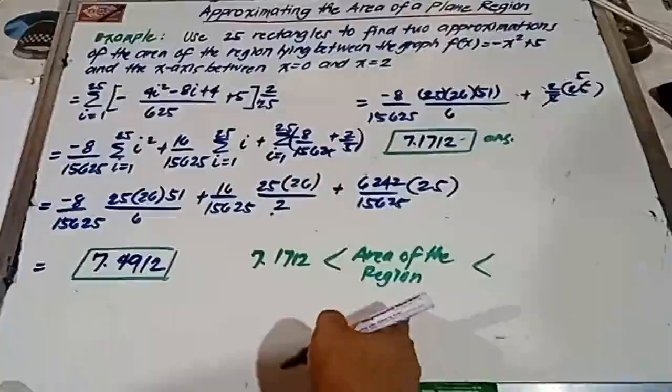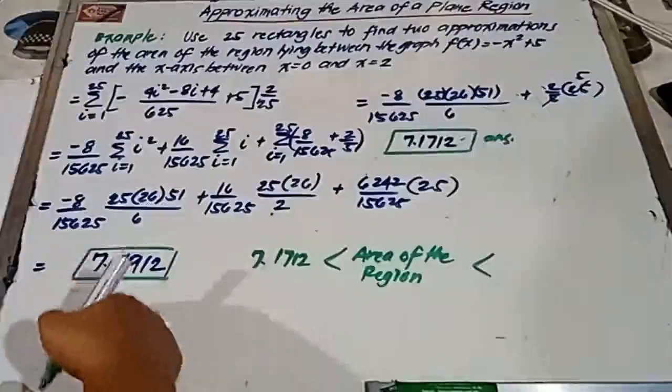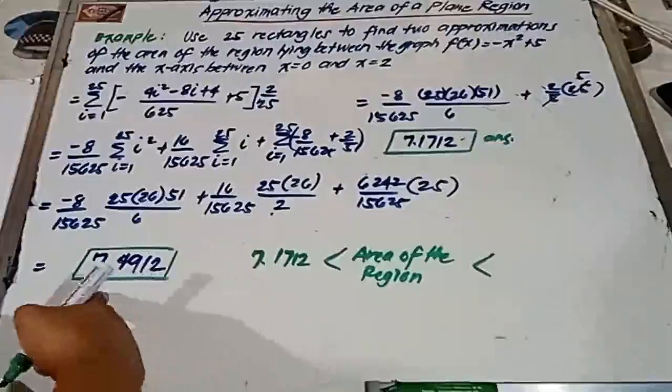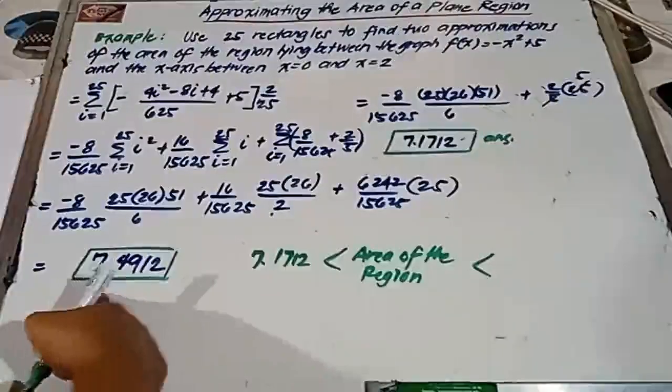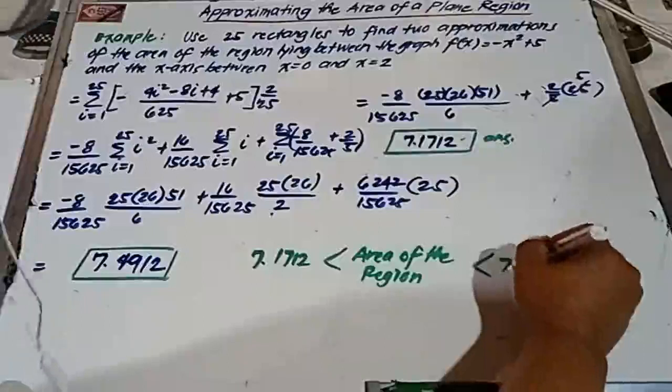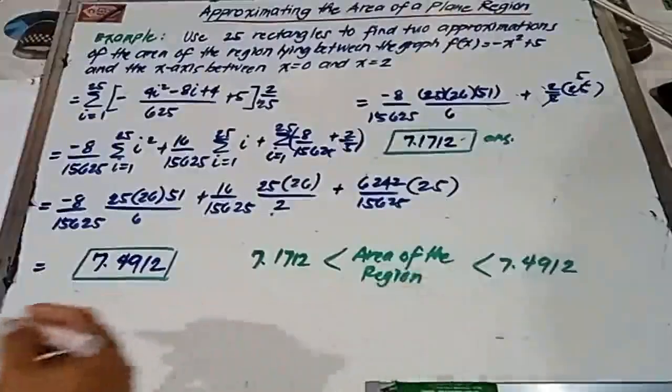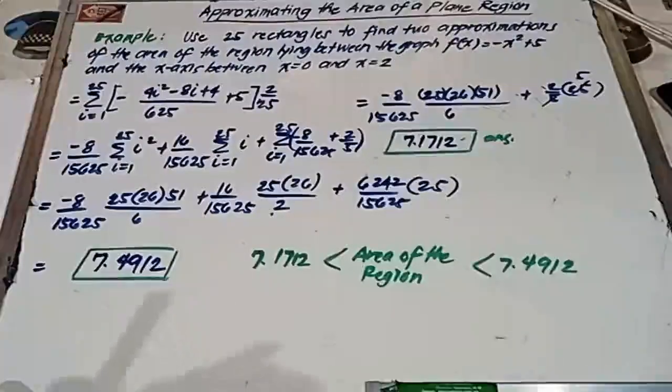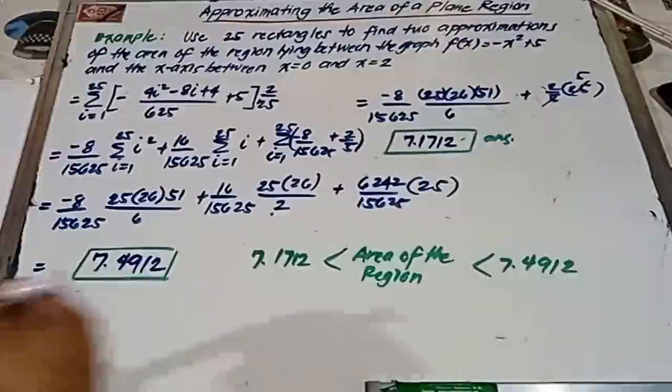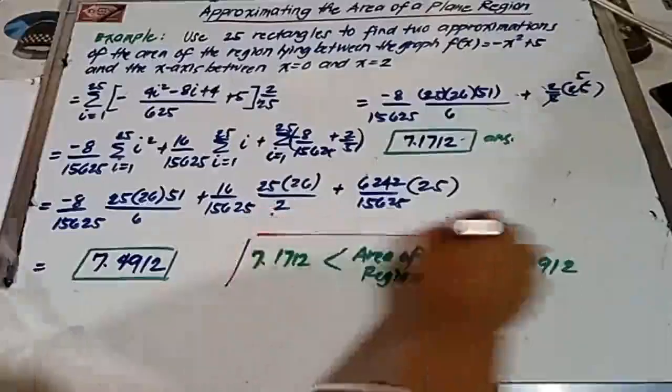And that is less than naman doon sa area nito kasi nasa labas yung ilang parts of the rectangle kapag we use the left endpoints. 7.4912. So, malapit na natin makuha yung exact area of the region. And we got the better approximation ng area ng region. Okay?